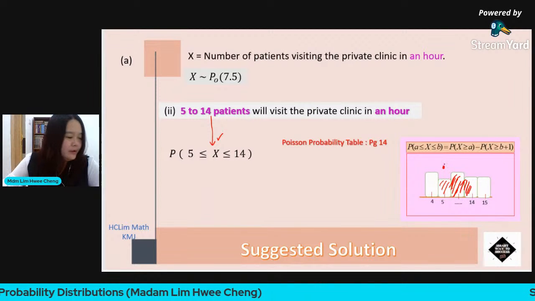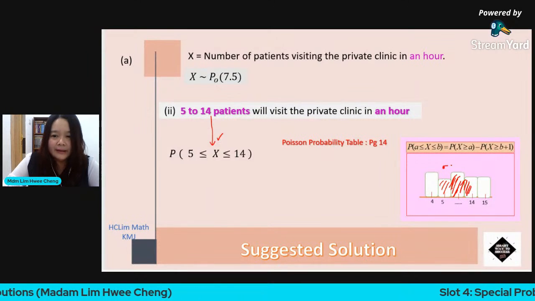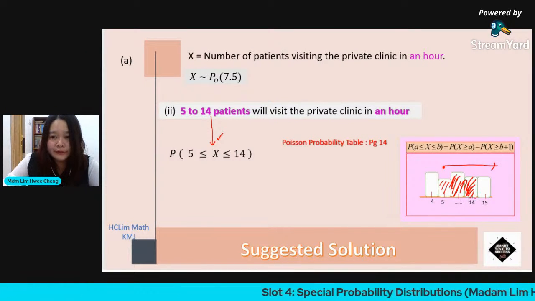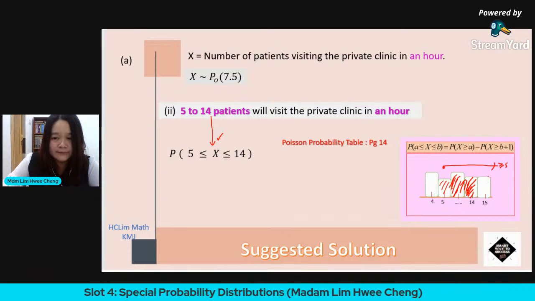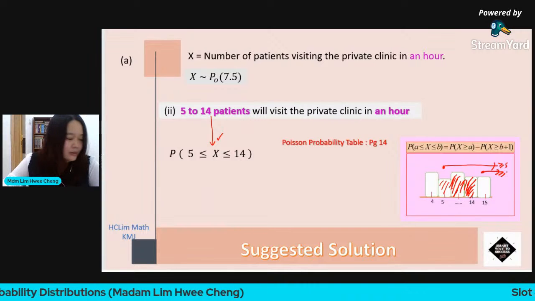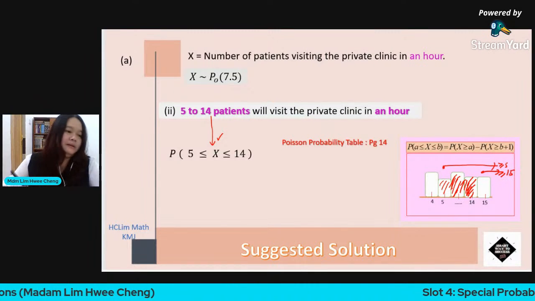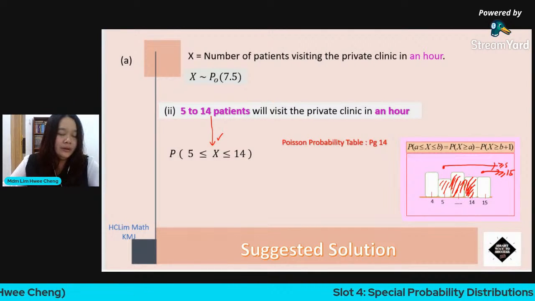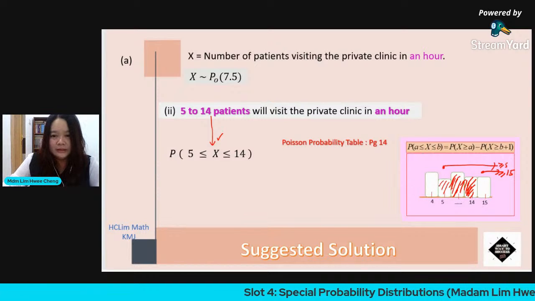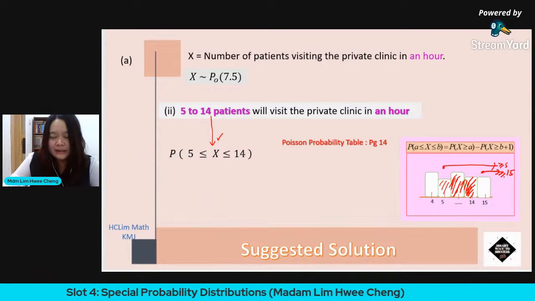Where may I read from? From 5. I want to include 14, I cannot throw away 14. So I need greater or equal than 5, and I need to subtract with greater or equal than 15. I must use greater or equal to 5, subtract with greater or equal to 15.